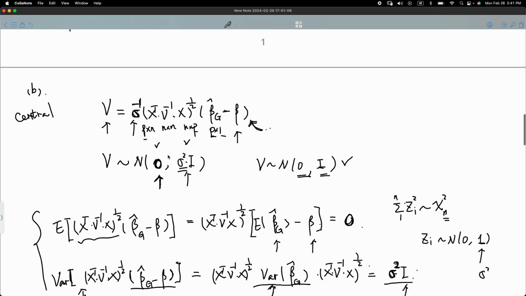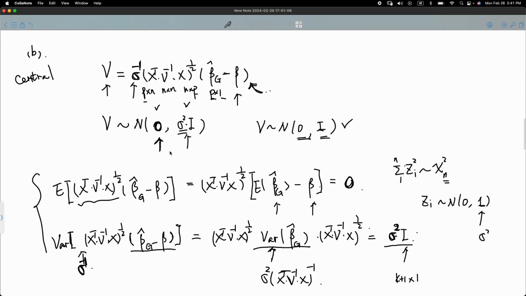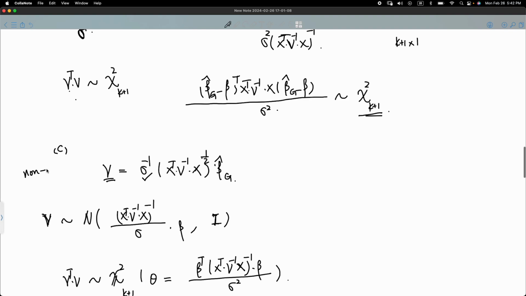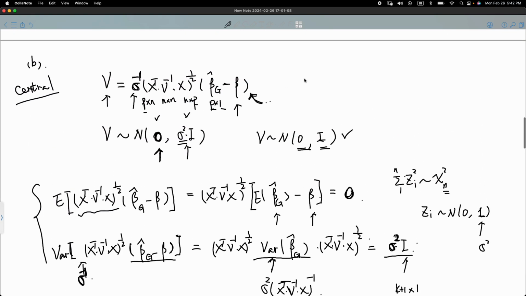And then to bridge B and C with part A: in part B we ask for a central chi-square, and in part C we ask for a non-central version. So that means we need two kinds of transformation. To get the central chi-square, the transformation is this one.